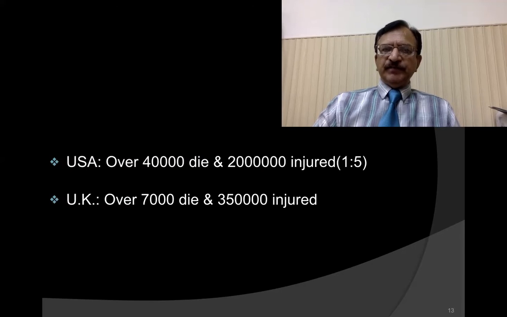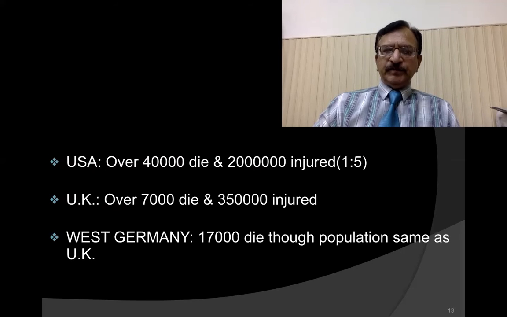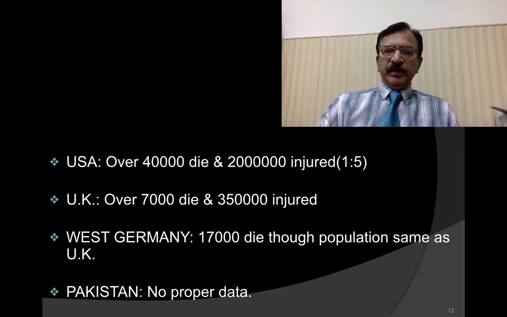And in UK, 70,000 die and 350,000 get injured. In West Germany, as there is no speed limit, the population is about the same as the UK, but the deaths are much more, 17,000 per year. And in Pakistan, we do not have any data, but we know that they are much higher in number as compared to the rest of the world.